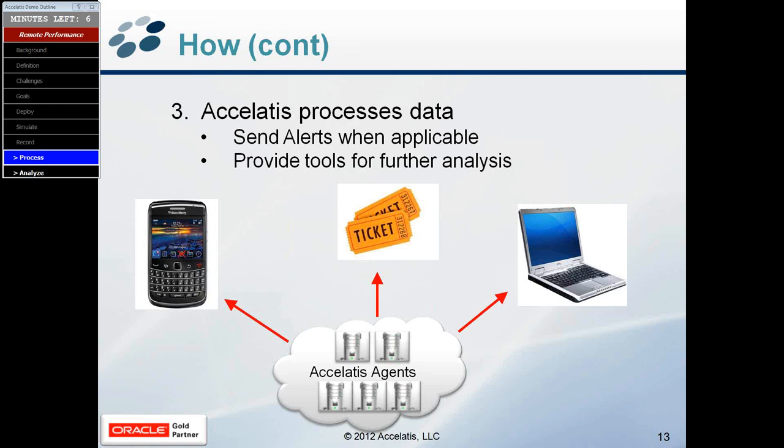So even if the tests are successful, if performance is below a defined threshold, then alerts can be sent out as well. And the goal there is to identify that performance has degraded to a point where you know that users are going to start picking up the phone and calling a help desk, and then identifying it and being able to jump in and address it before the majority of users find the problem.